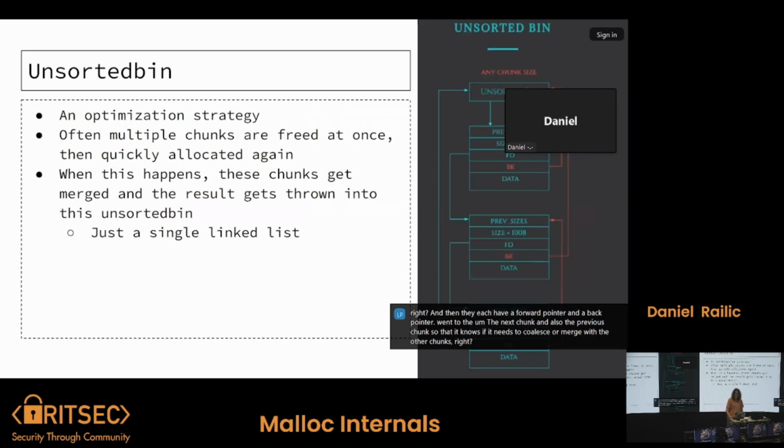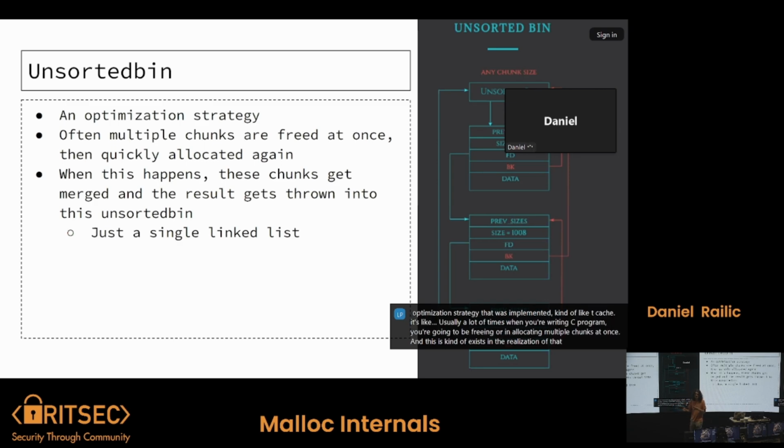And then the unsorted bin is kind of like a miscellaneous thing. It's another optimization strategy that was implemented, kind of like Tcache. A lot of times when you're writing a C program, you're going to be freeing and allocating multiple chunks at once, and this exists in recognition of that.